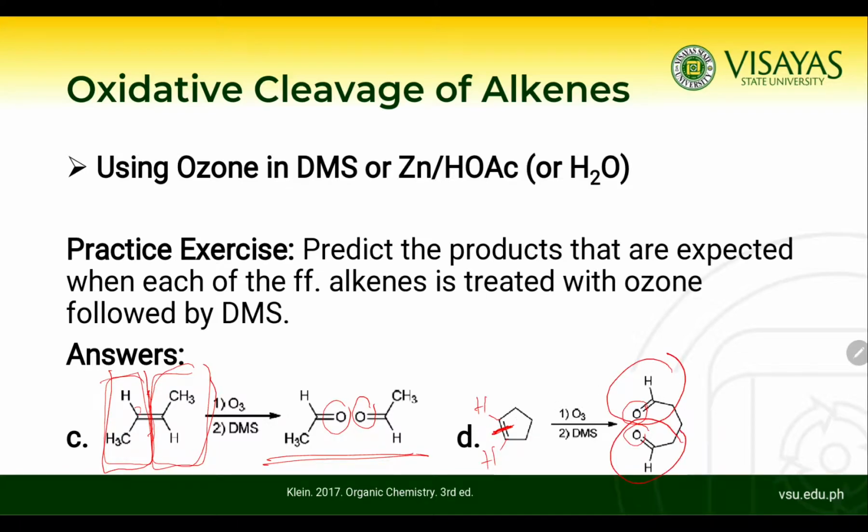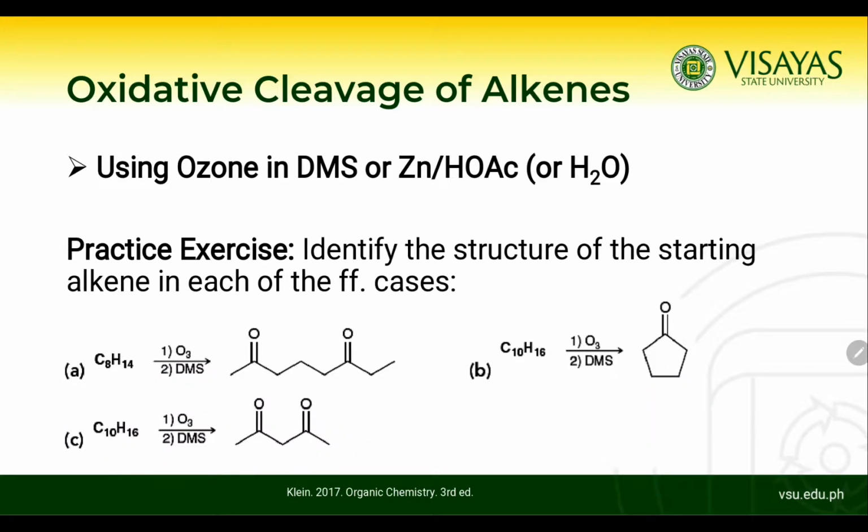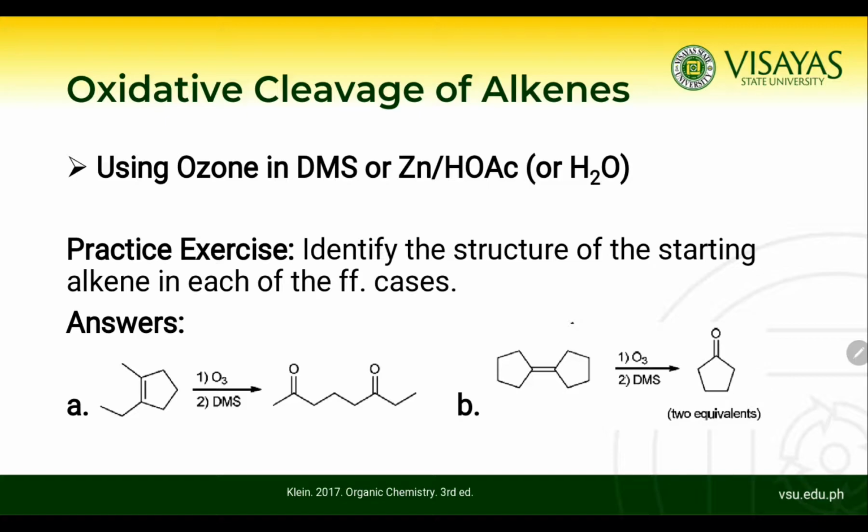1 and 2. Okay? Identify the structure of the starting alkene in each of the following cases. So, we are given the product after cleavage. Then, atong buhatan is we identify unsa nga alkene ang starting material. Okay, in this case, unsa mo ni siya atong product, diba? So that means to say, kaya naman diha nga itong duha ka carbonyl, kani siya nga carbon atom here, o kana nga carbon are connected.